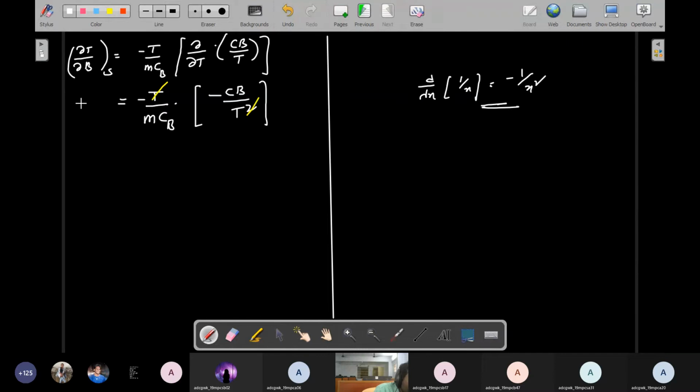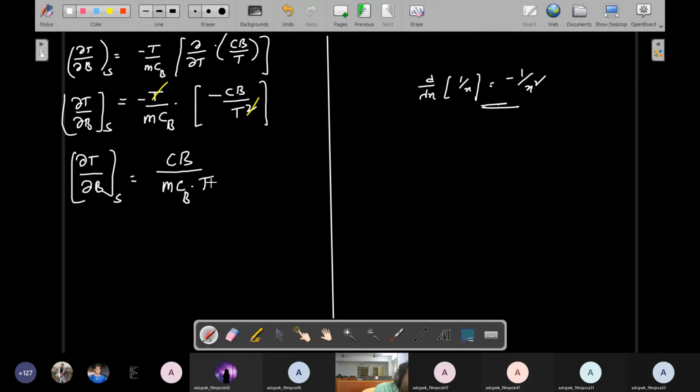So finally this is ∂T/∂B at constant entropy, which is equal to plus C B divided by m C_B into T. So this is finally what we will get.